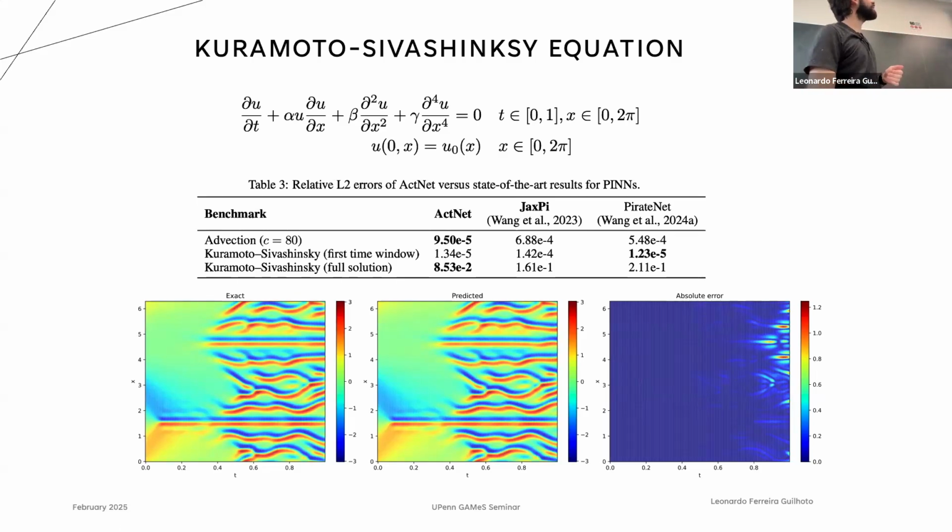And if you look only at the first time window, PirateNet gets slightly lower. It gets 1.23. We get 1.34, but very precise things. And at least in this experiment, ActNet did have more stable rollouts if you look at the final solution.